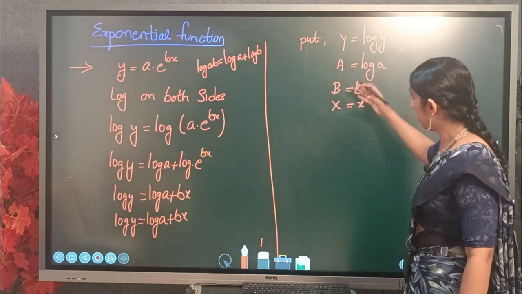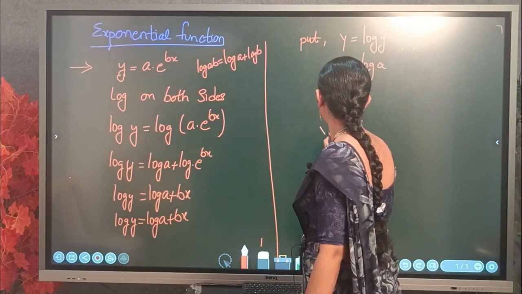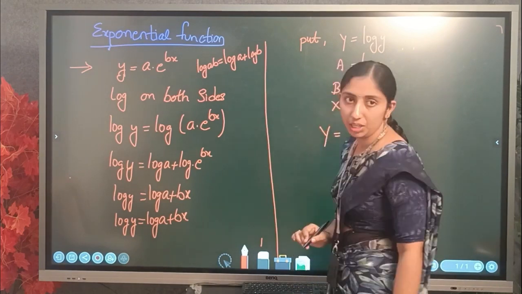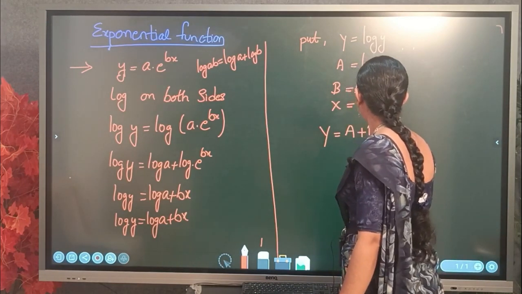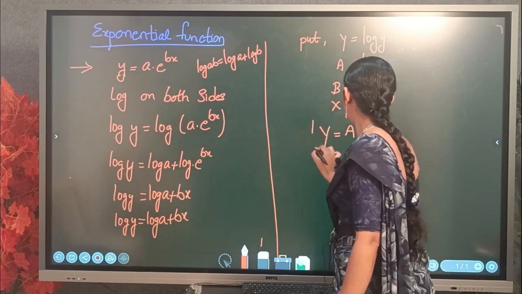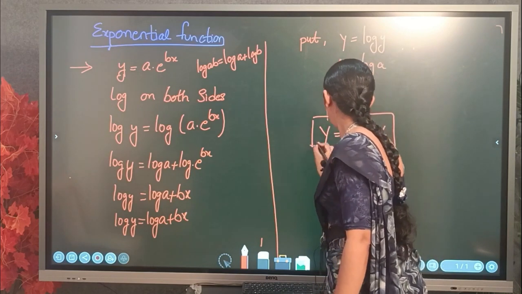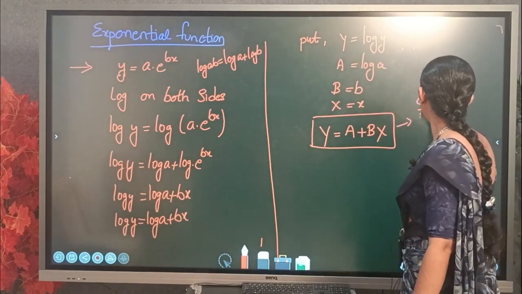When we substitute these four in that equation, log y becomes capital Y, log a becomes capital A, small b becomes capital B, and small x becomes capital X. So Y is equal to A plus BX. What is this? It's a straight line.